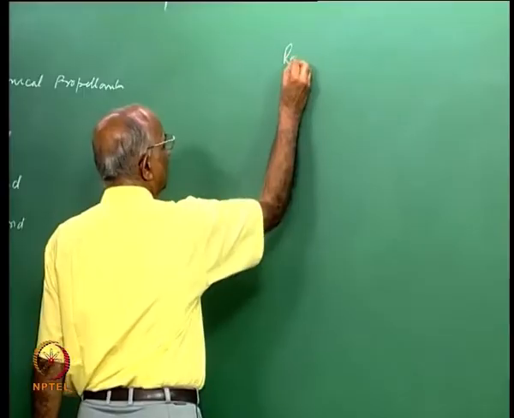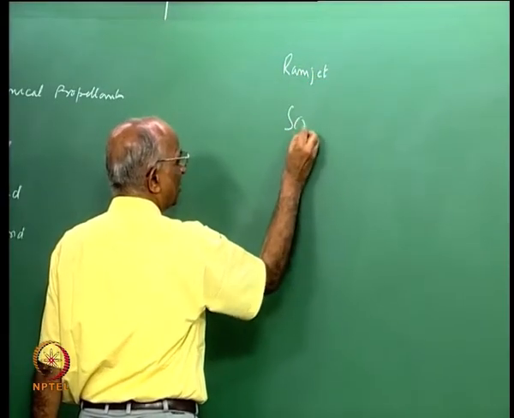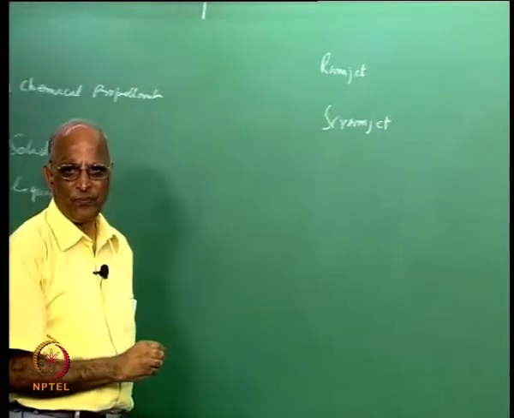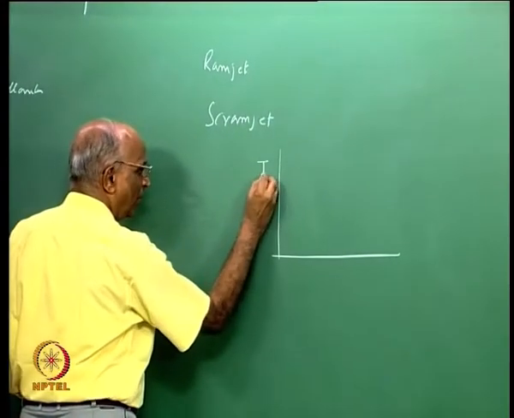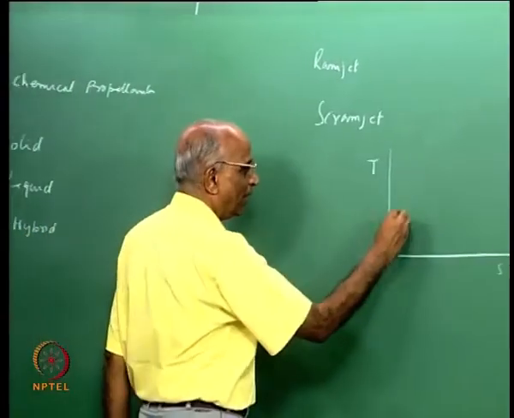When we consider ramjets, when we consider scramjets, does dissociation play a role? Like for instance, let us make a diagram of the performance of a scramjet or a ramjet on a TS diagram. What do you do in the intake?